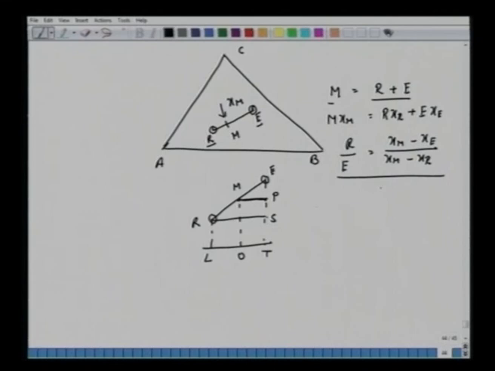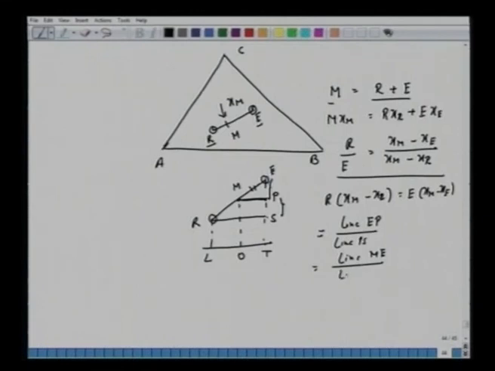It is like a tie rule: R times (XM minus XR) equals E times (XM minus XE). Essentially, XM minus XE is the line EP over line PS, which is XM minus XR. This has to be the same as line ME over line RM.